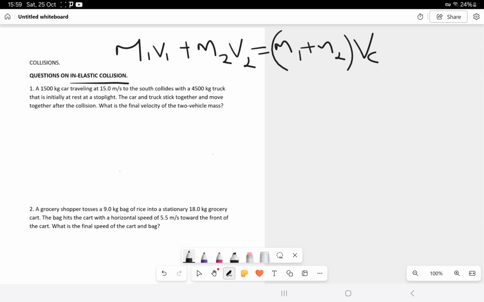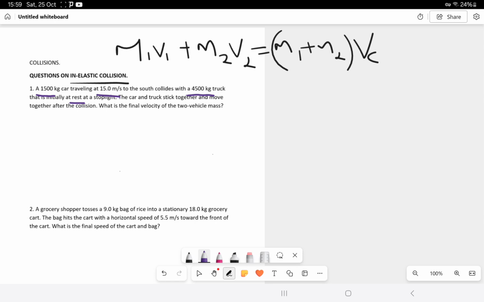Now, starting with the first question, we have a 1500 kg mass traveling, so this is M1 and this is V1, then collides with another truck. This is M2, which is at rest, so this is V2.